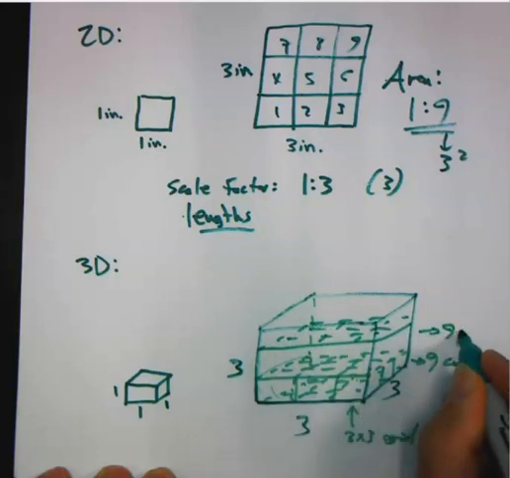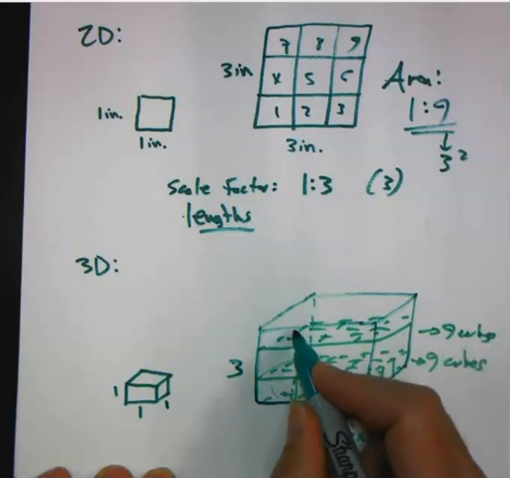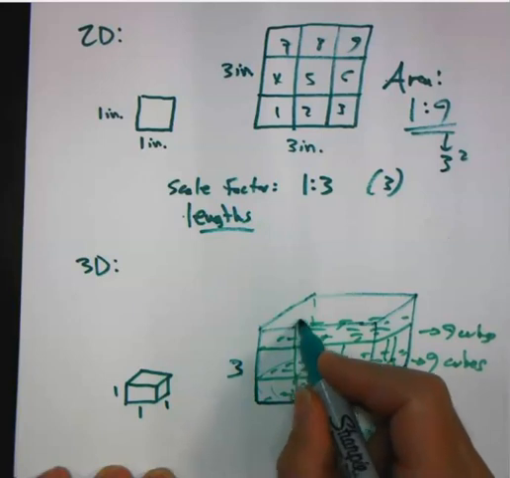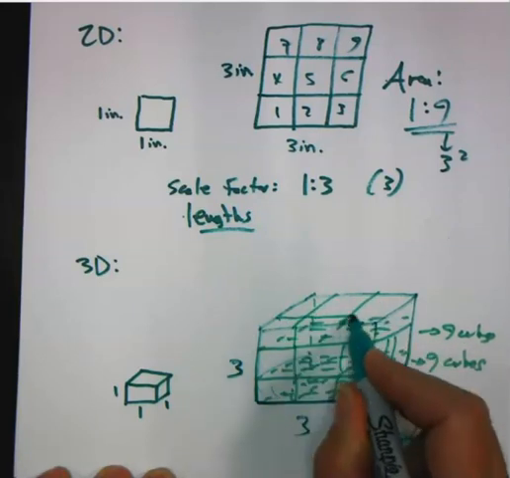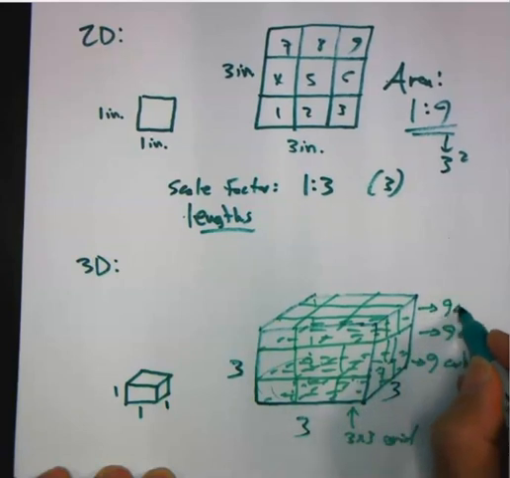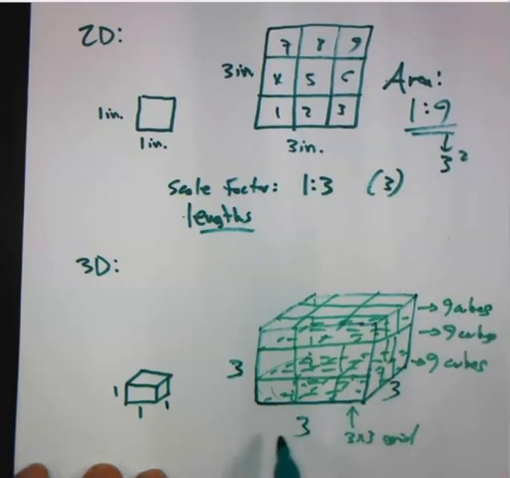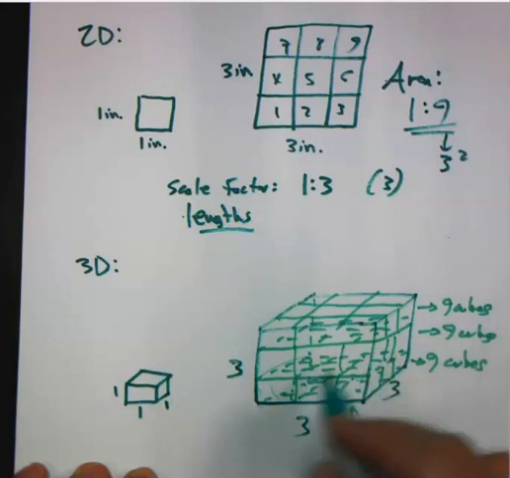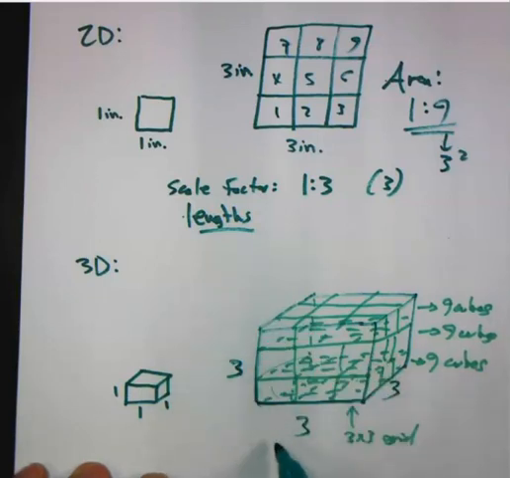That's going to be another 9 cubes in the middle layer. And then I've got yet another layer, and there's the top of that grid. I've got another 9 cubes here, which is natural. I tripled the width and the depth. So instead of 1 by 1, I've got 3 by 3 or 9 on each row, but I've also tripled the height, so there's going to be 3 rows.